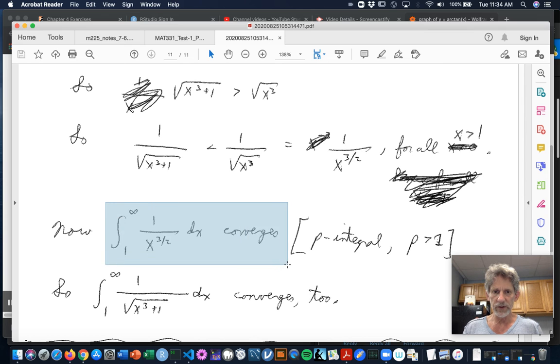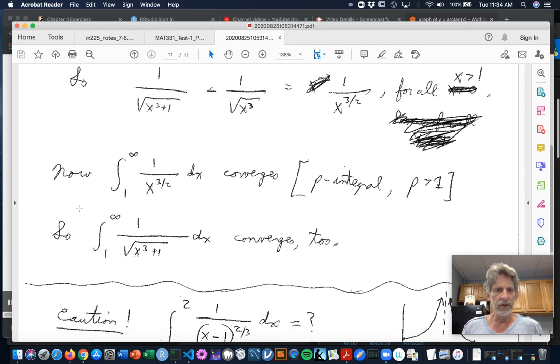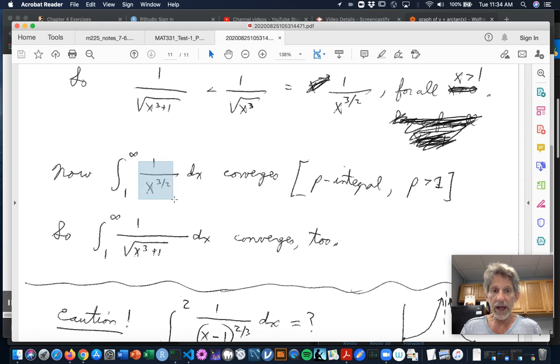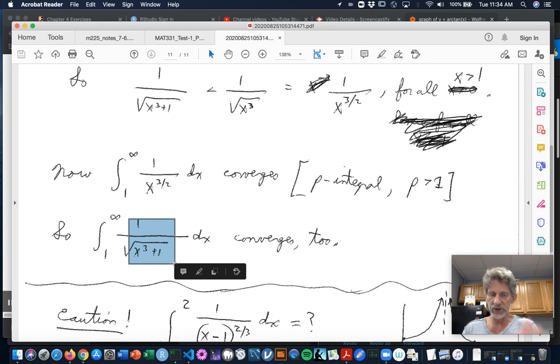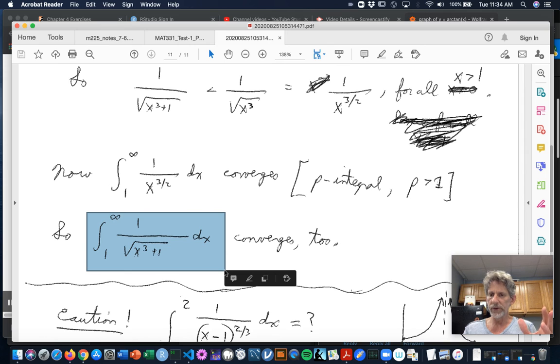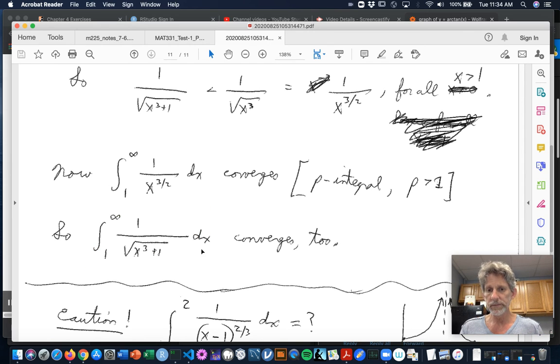So this converges to some finite number. So this one is also going to have to converge to a finite number by comparison. Basically, this is the f in the comparison test, and the integral that we started with was the g. So I don't know what finite area this converges to, but I know that it has to be a finite area.